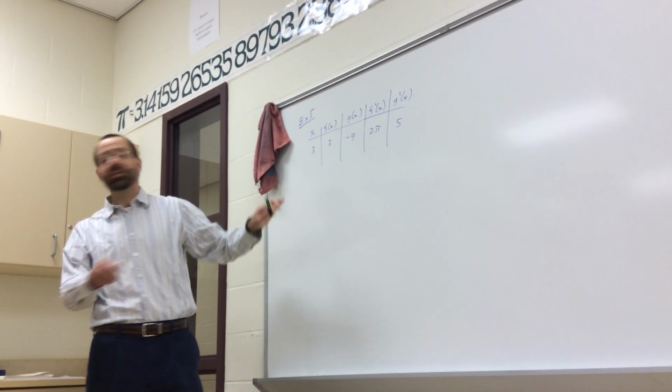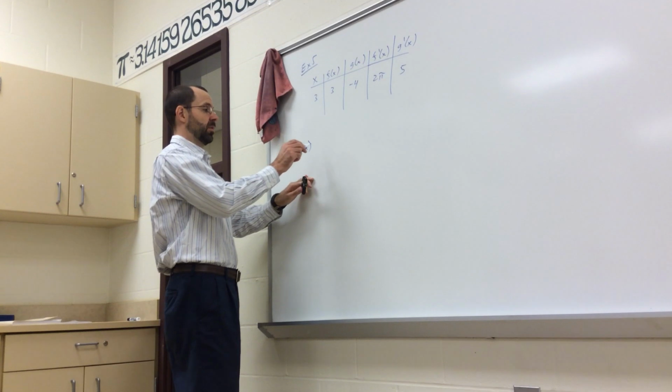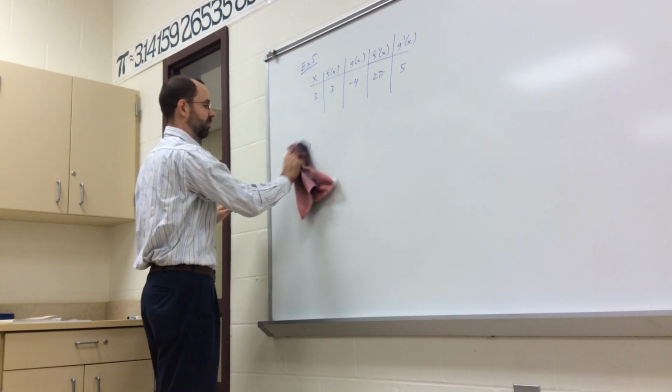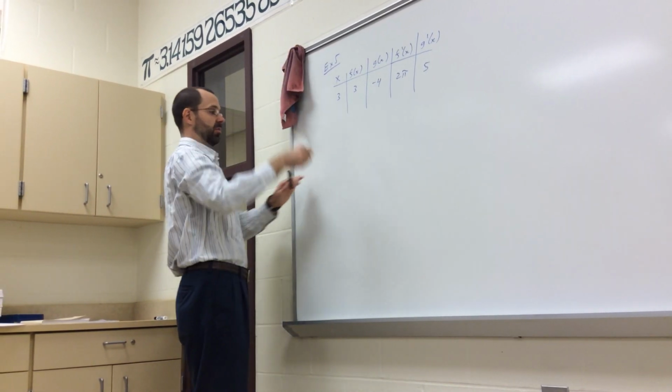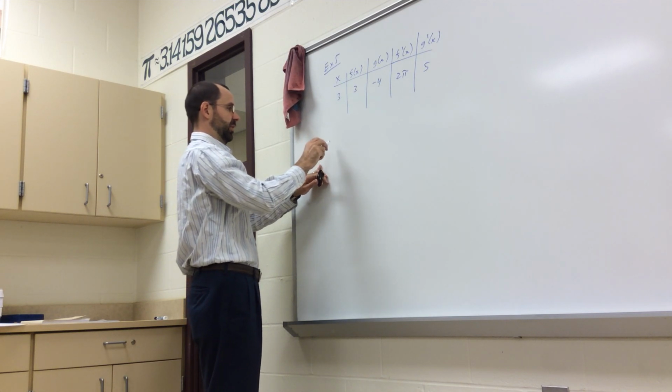Okay, so the first one is, before I write down the question, I want to write the directions like they are in the book because they confuse people a little bit.